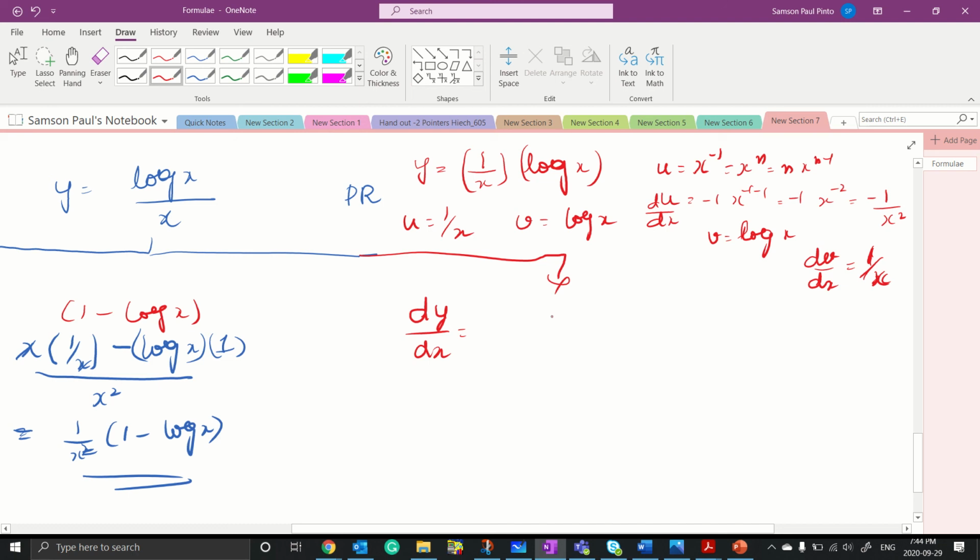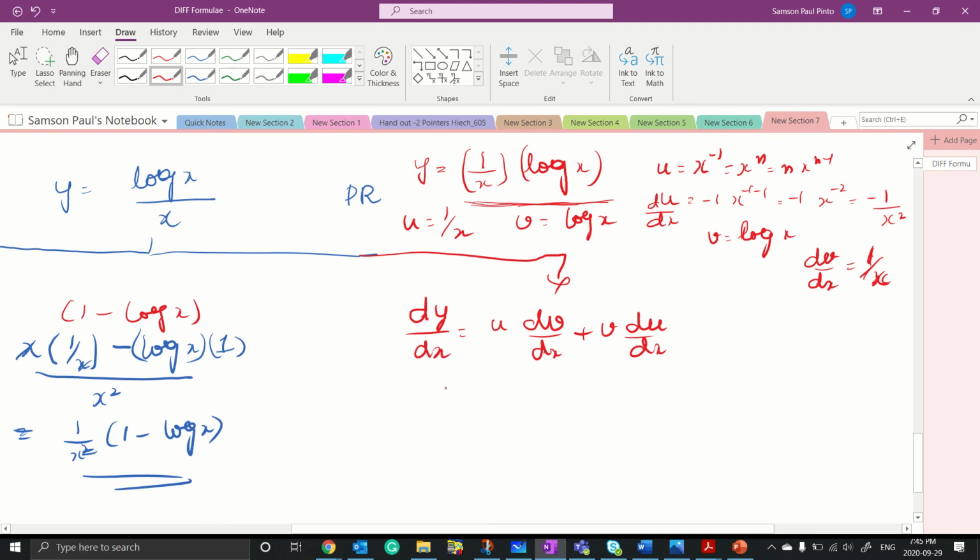Right, now let me apply these formulas here and try to solve this problem, where dy by dx is nothing but u into dv by dx plus v into du by dx. Okay, please note that in the initial days you might find using the product rule in place of the quotient rule slightly difficult, but when you have complex functions, I assure you, you will love it.